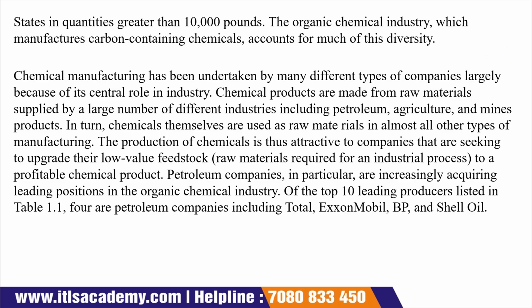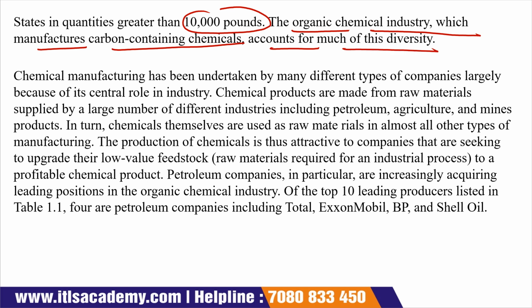Now the next is chemicals in quantities greater than 10,000 pounds. The organic chemical industry, which manufactures carbon containing chemicals, accounts for much of this diversity. Now, the chemical industry has been undertaken by many different types of companies, largely because of its central role in industry.